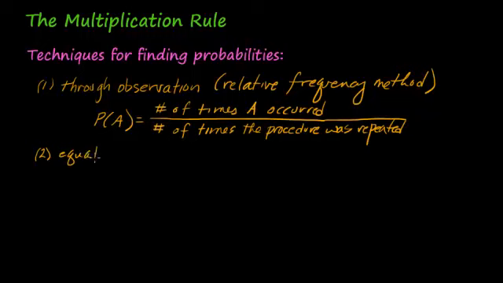All right, another method that we talked about was the equally likely outcomes method. And we called this the classical approach.